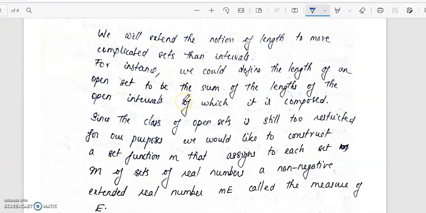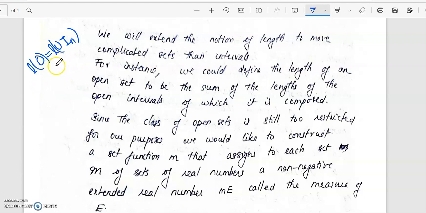So let us look at the notion of extension of the length. We saw in the case of open sets that if a set is open, you can write it as a union of disjoint open intervals, and then the length is the length of the union of I_n. So this is the case for open sets. Now there can be complicated sets as well.